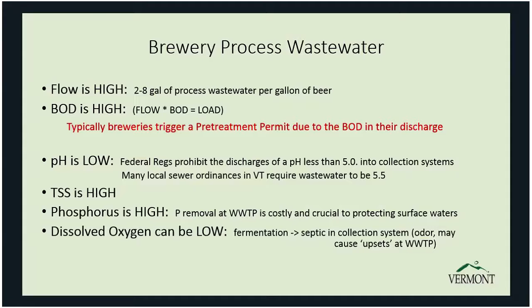This is due to the natural fermentation process of making beer. The concern being that as this water enters the collection system, it can cause odors, and as it goes septic, and as it reaches a treatment plant, can actually result in plant upsets, which can be very difficult to resolve.